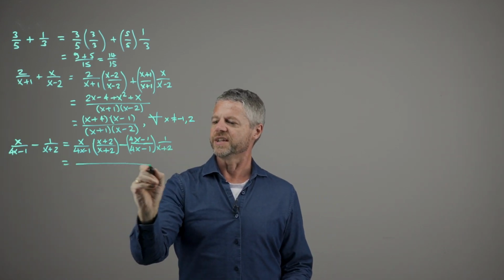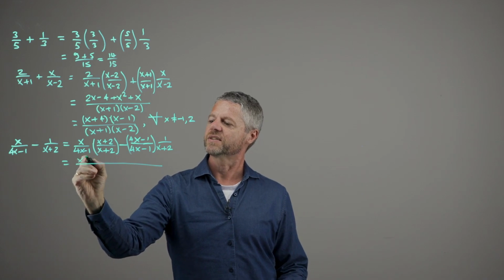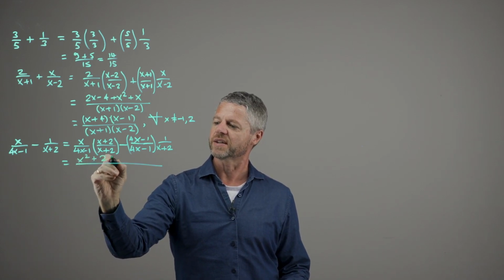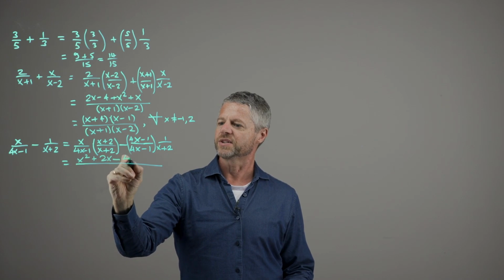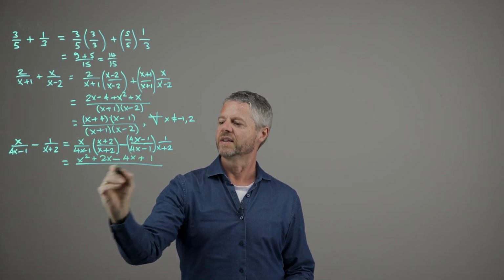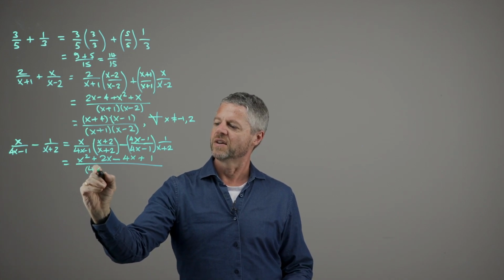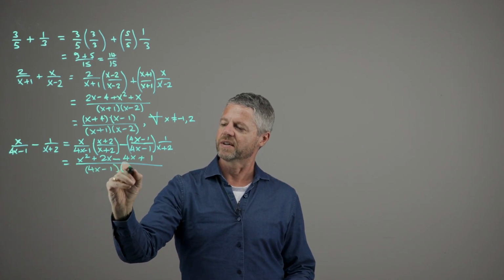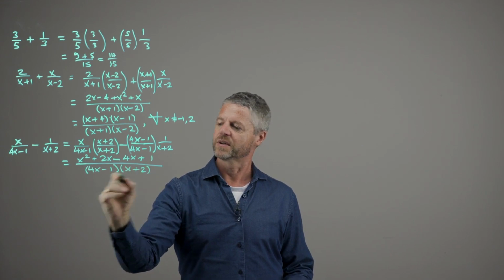In the numerator, we're going to have x squared plus 2x minus 4x plus 1. In the denominator, (4x minus 1)(x plus 2).